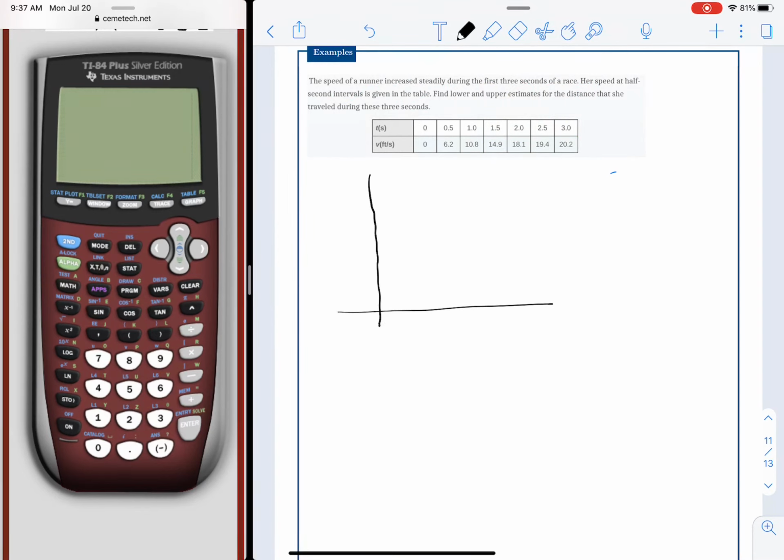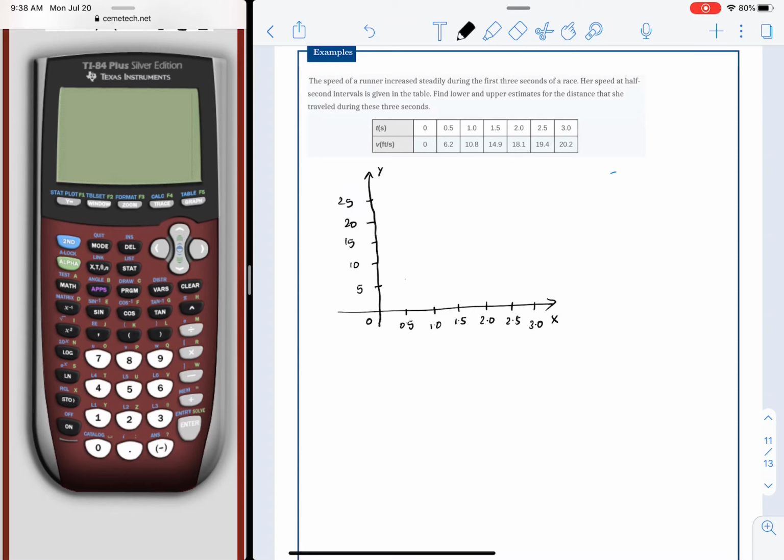We have a table and I'm going to draw a graph. The time increments are 0, 0.5, 1, 1.5, 2, 2.5, and 3. The y-axis values we have are 5, 10, 15, 20, 25. Now I'm just going to graph these.